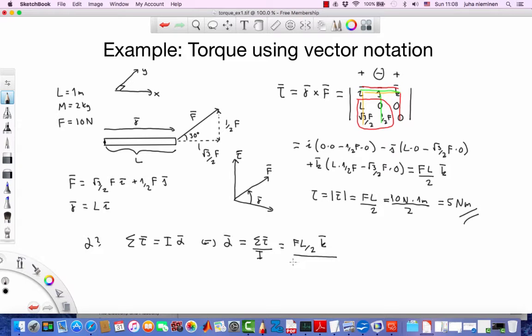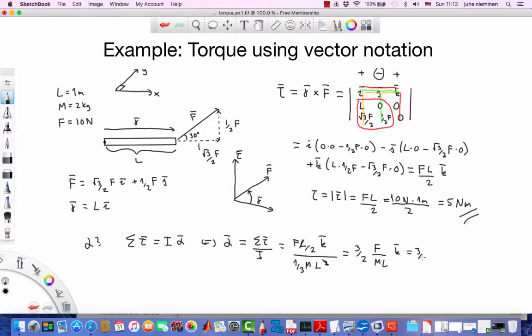And then the moment of inertia for this rod is, as you might already remember, 1/3 mL squared. And we can simplify this, so these L's cancel, and we have 3/2. In the numerator we have F, divided by m times L, and all of it in k direction.